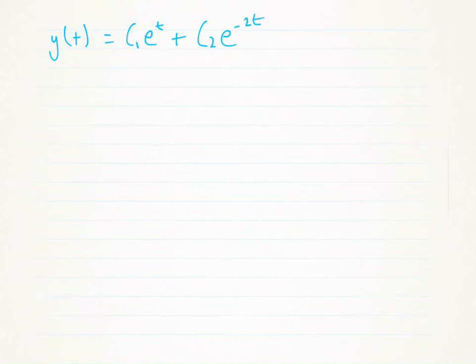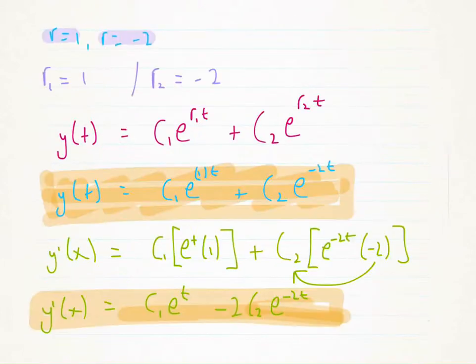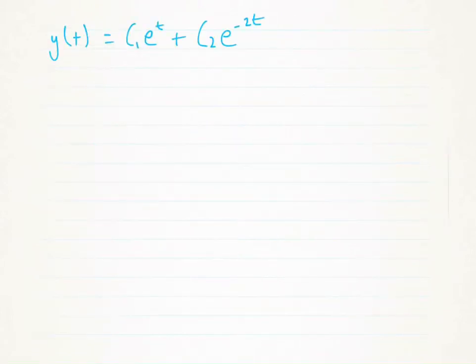Right, and let's start the question. If you remember, we had y of 0 is equal to 0. So that means when we sub in 0 for t in all these, we get 0. So that's what I'm going to do.